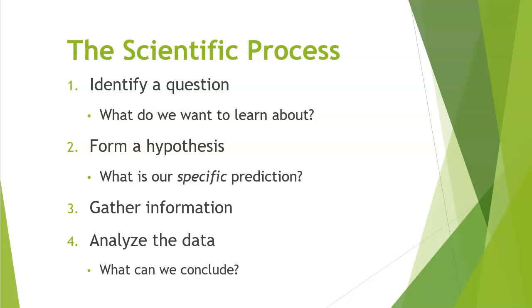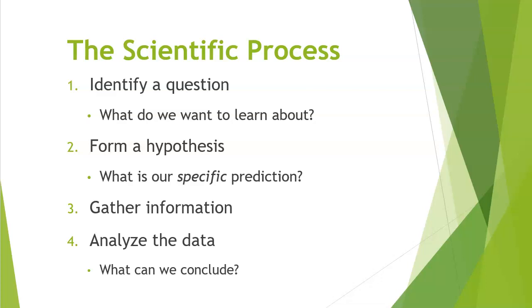So we're just going to gather everything, whether it fits our prediction or not. And then number 4 is we analyze the data. So we look at all that information we gathered and we see, okay, what is the answer? What can we conclude based on that information we gathered?